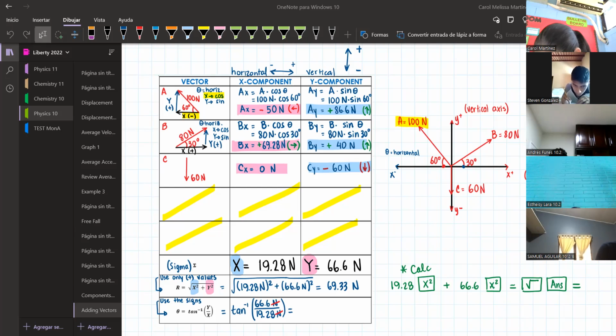You're going to press the key shift from your calculator, and then you will press the key tan. Then open parentheses, and divide 66.6 divided by 19.28, close parentheses, and then press equal.